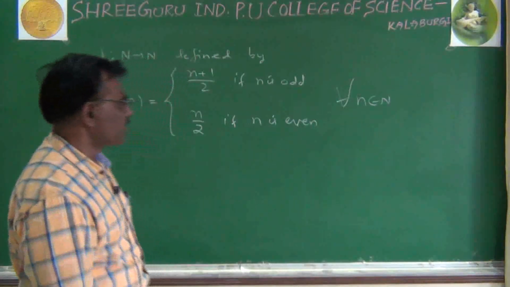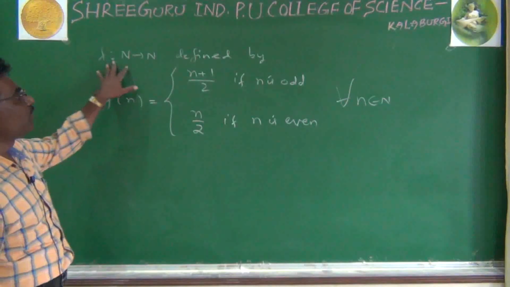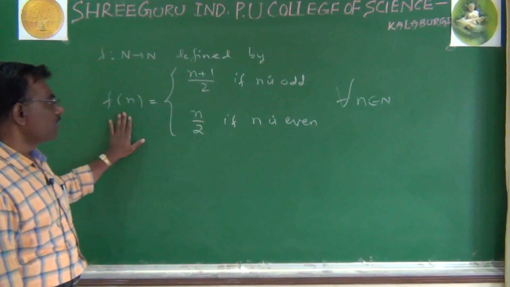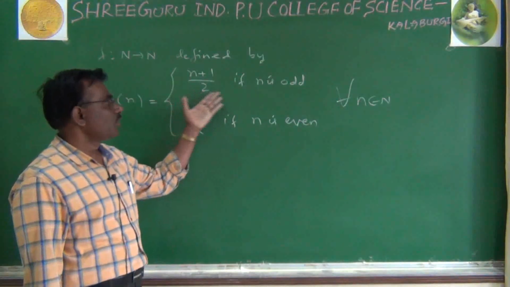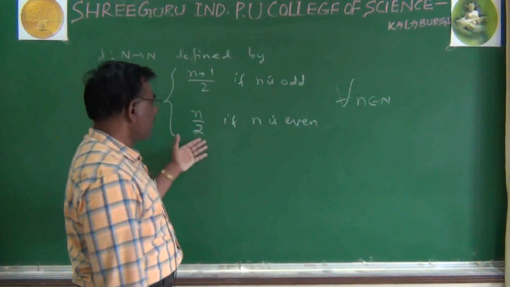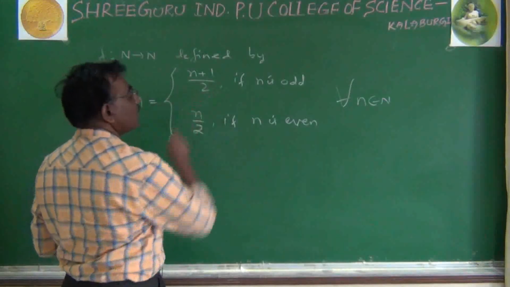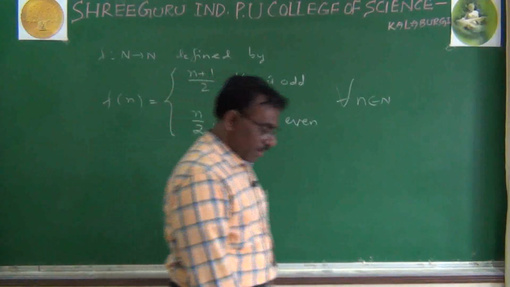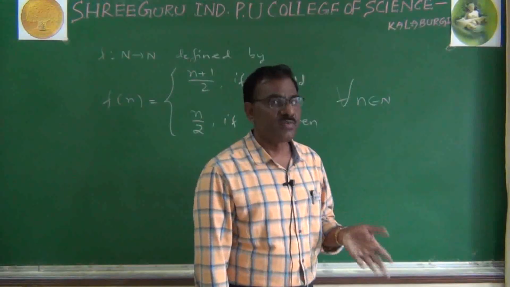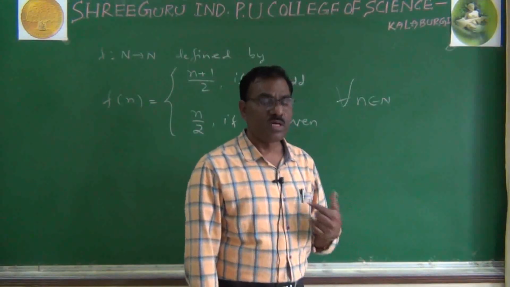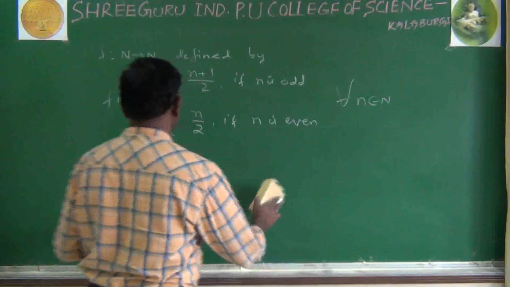So the question is the function f from N to N defined by f of n equal to (n + 1)/2 if n is odd, n/2 if n is even. You have to state whether the function f is one-one, onto or bijective.